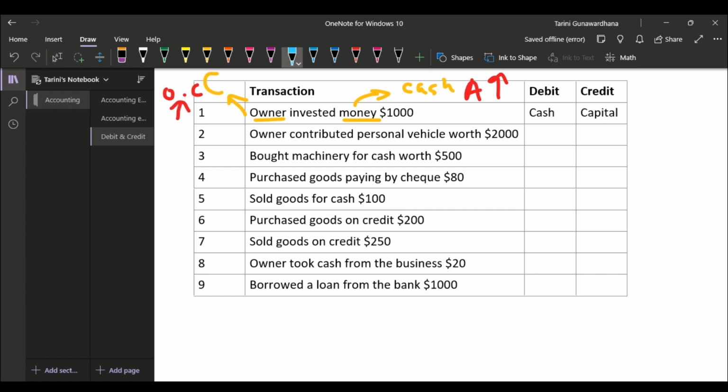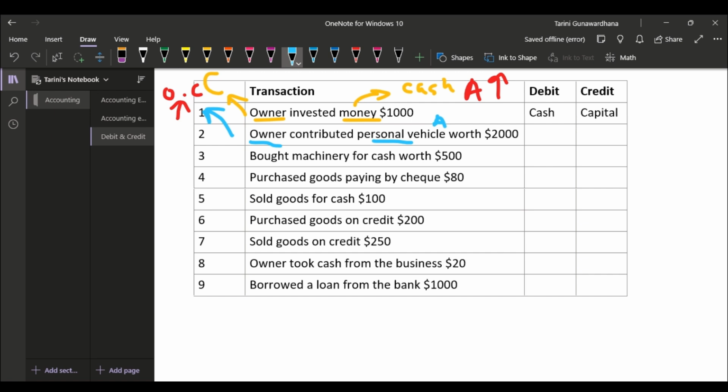Next one, owner contributed personal vehicle worth 2000. So the owner again, so it's again owner's contribution. It's a personal vehicle, so vehicle account. Vehicle account is an asset.